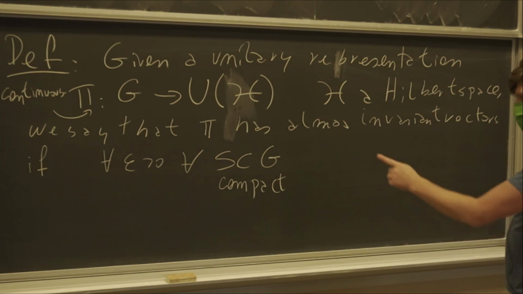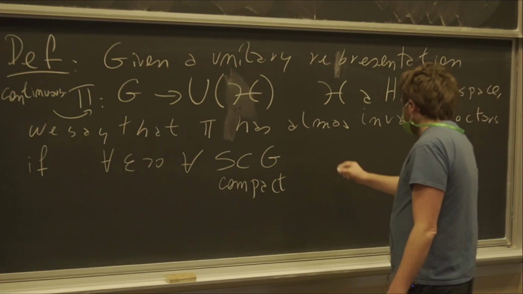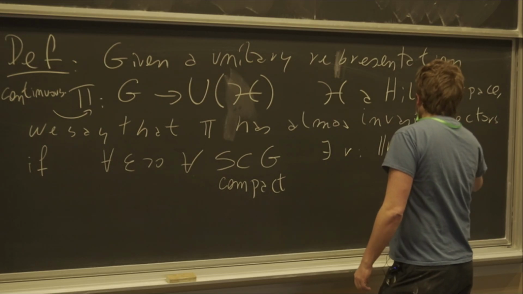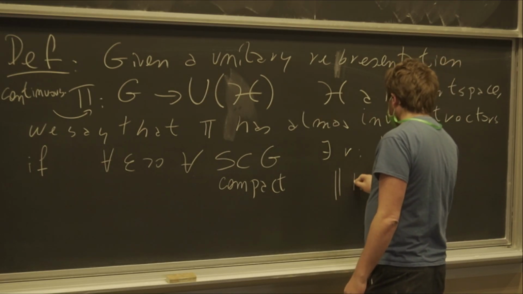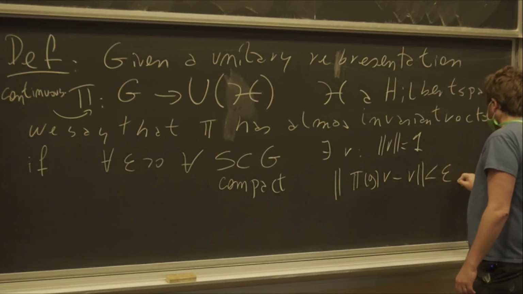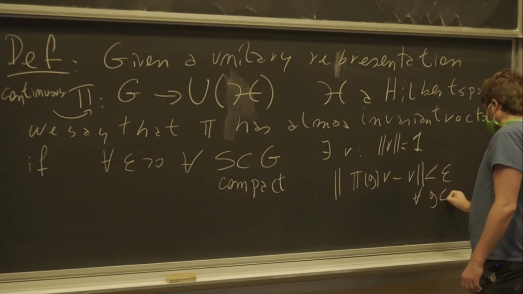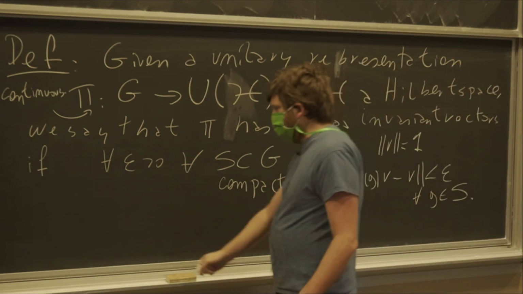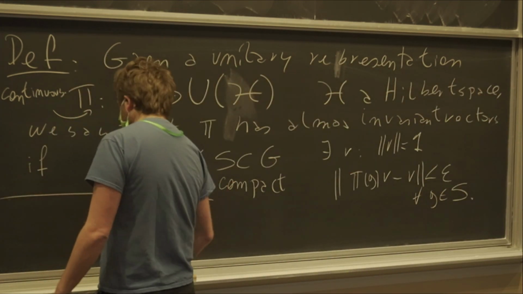So then, if for every S compact there exists a vector v, norm of v equals 1, and norm of pi(g)v minus v less than epsilon for every g in this compact set. Okay, maybe I should have defined, but that's the obvious definition.